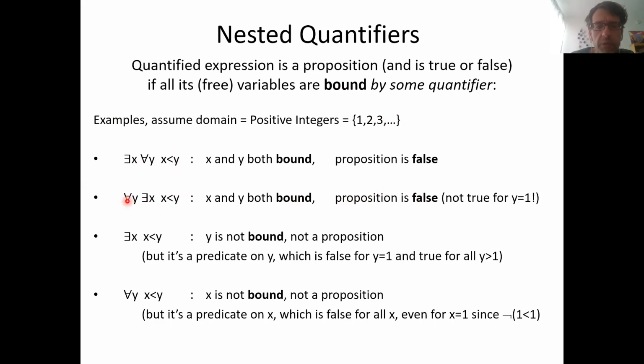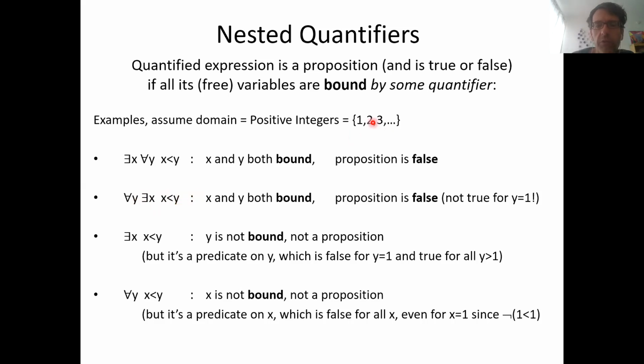So why is this one false? Because there exists a y that has no smaller elements, right? This part, from here to here, means that there exists an x smaller than y.